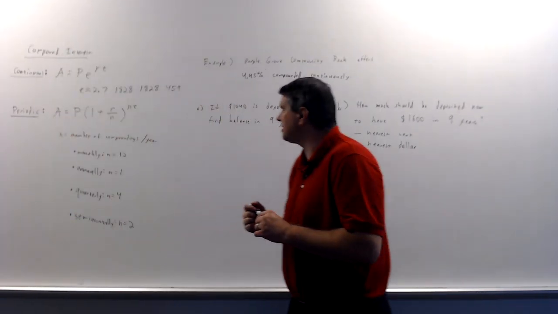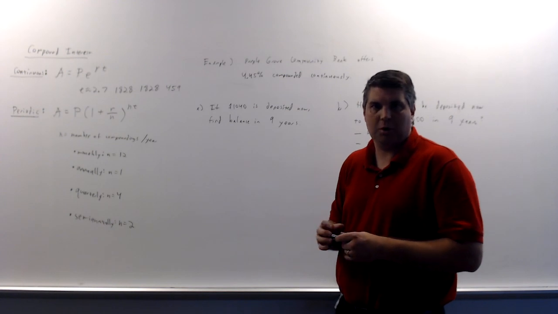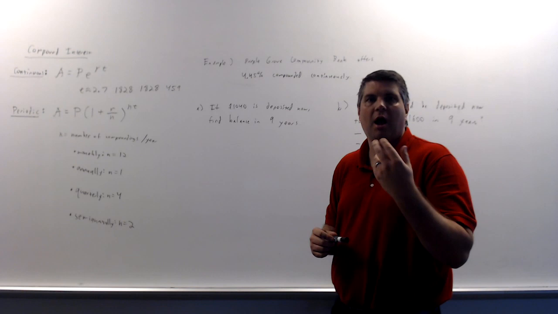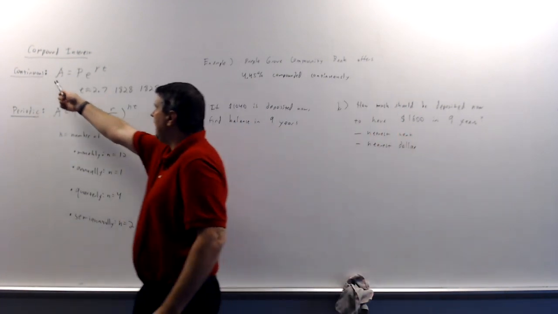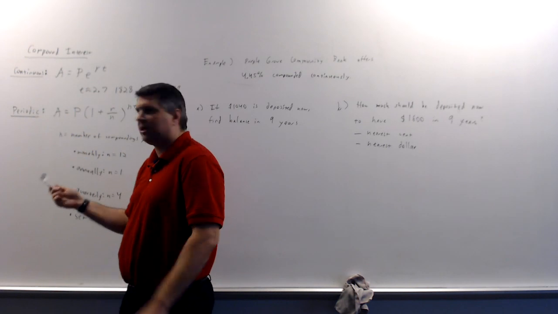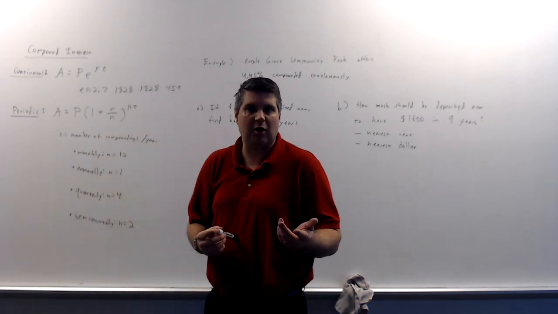Okay, here I'm going to discuss other types of interest, okay? Compound interest. Compound interest has two subtypes, continuous and periodic. Now, some courses include periodic only, okay? College algebra classes.